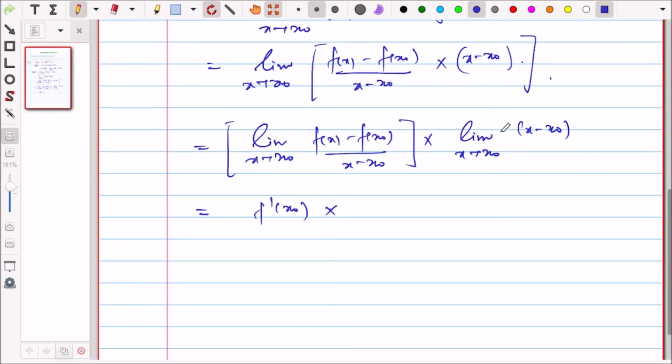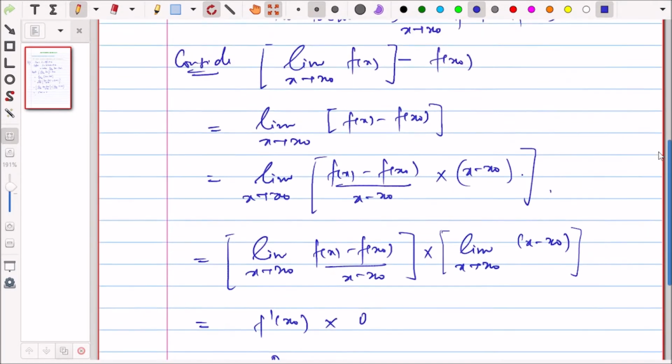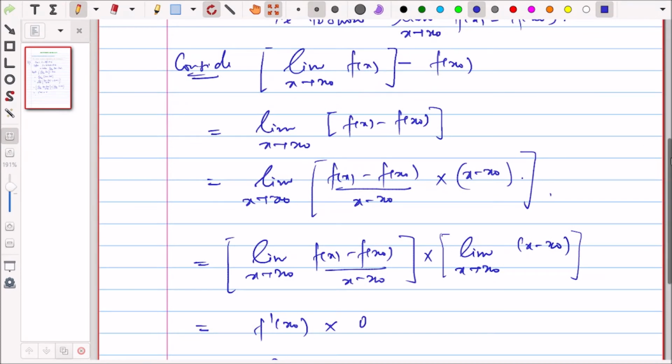And what will be this other limit? It should be 0, because when you replace x, this x will become x naught. So x naught minus x naught is 0. So overall you get 0.